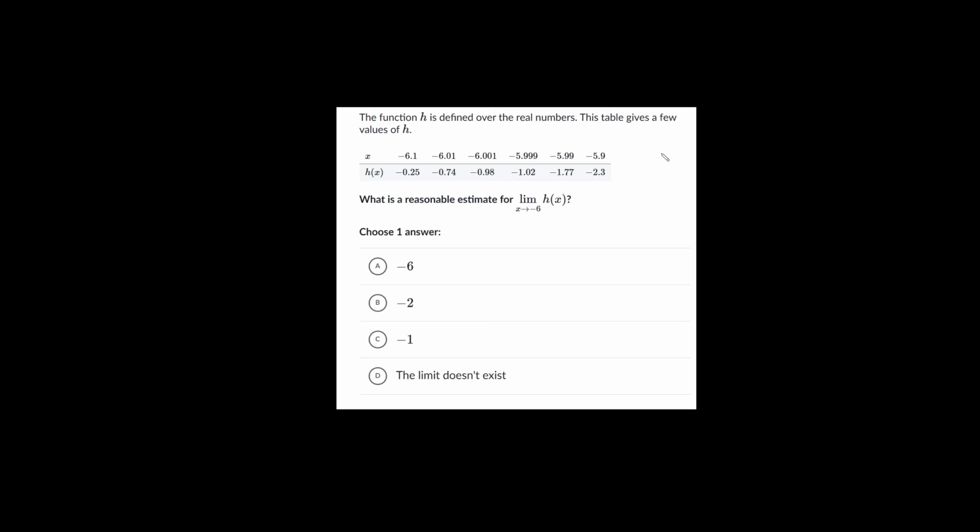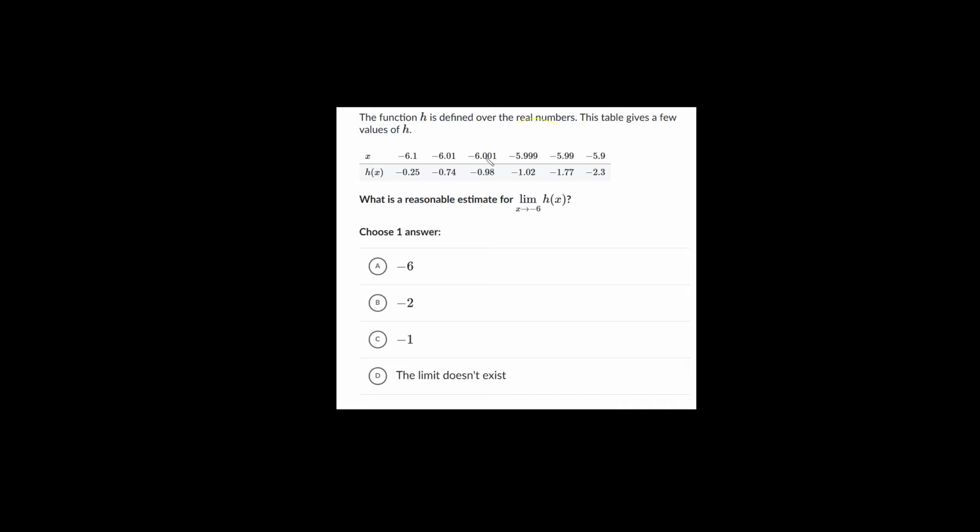This table gives us a value of h. So it says that this function is defined for real numbers, so that's a good thing. So what is a reasonable estimate for the limit as x approaches -6 of h of x?